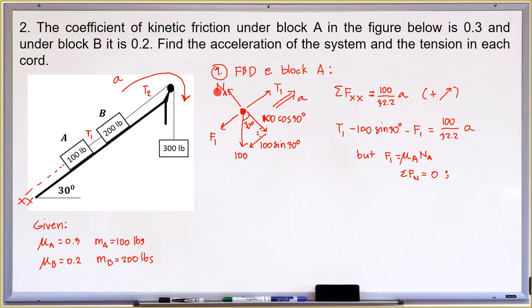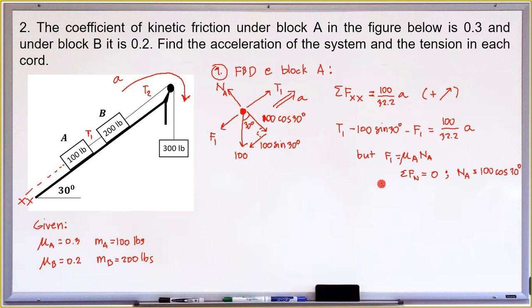Meaning to say, the normal force is just equal to the normal component of the weight. So, normal force A is just equal to 100 cosine of 30.